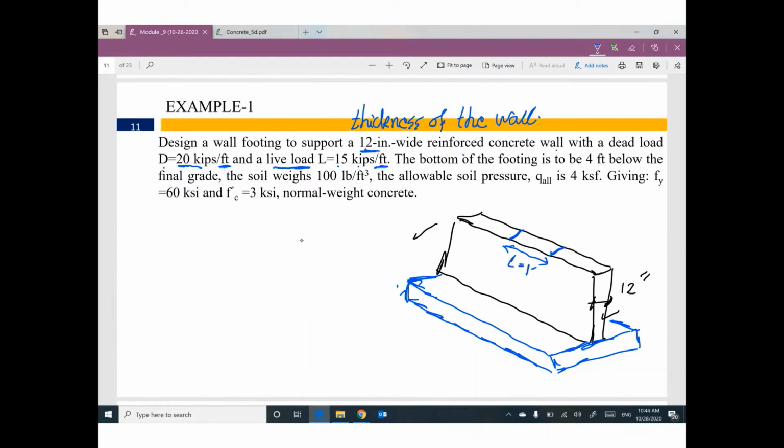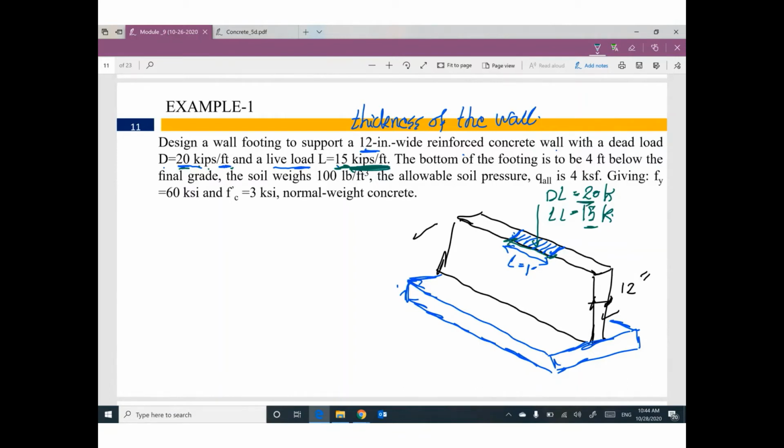This unit length has a vertical dead load equal to 20 kips and a vertical live load equal to 15 kips, because the units of these loads are kips per foot. So each 1 foot we have these values of load.